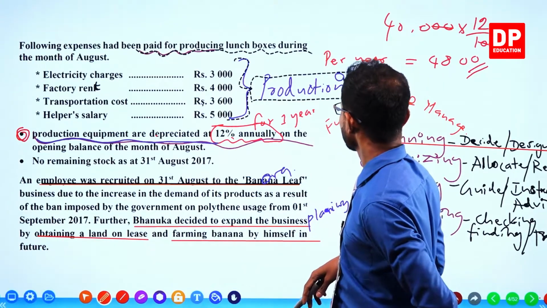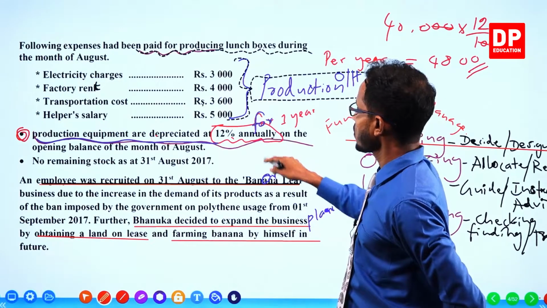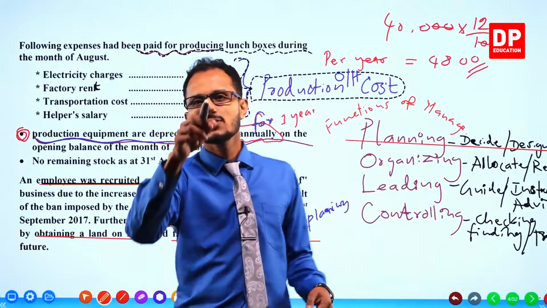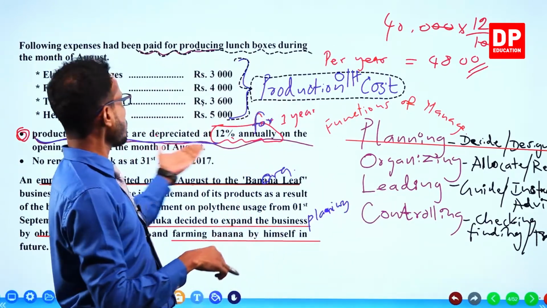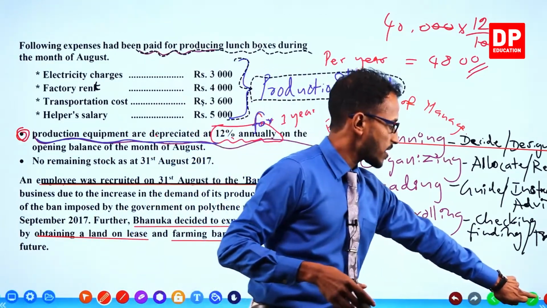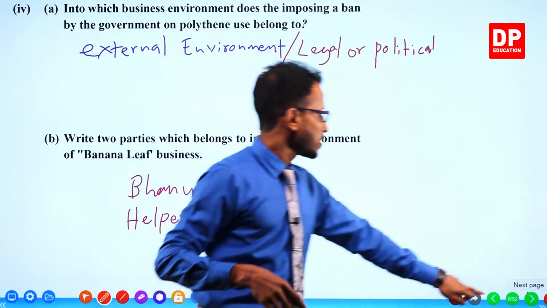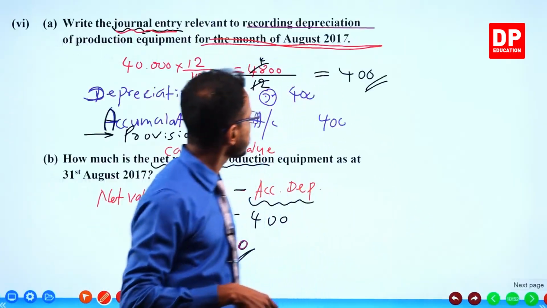How much? Not for 1 year, we calculated for 1 month. That is also a production cost, because production equipments depreciation we calculated for 1 month. It was 400. Can you remember?